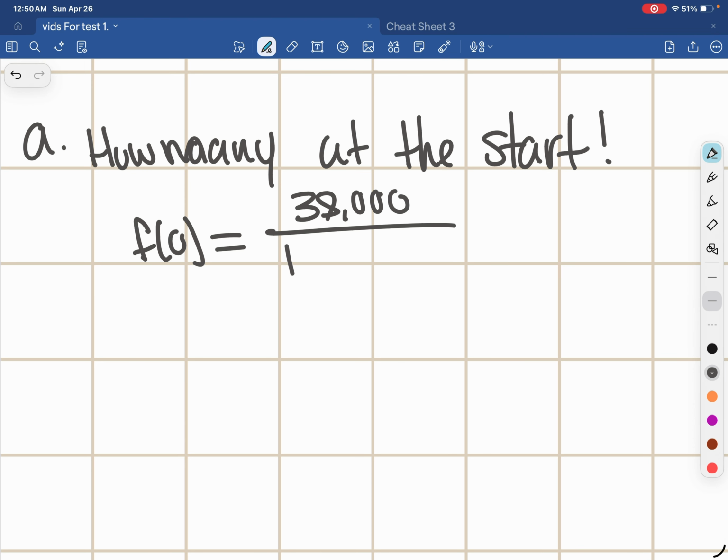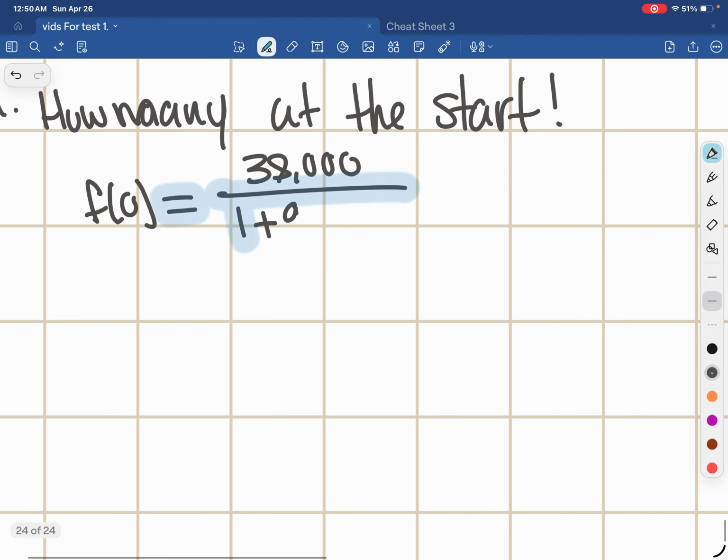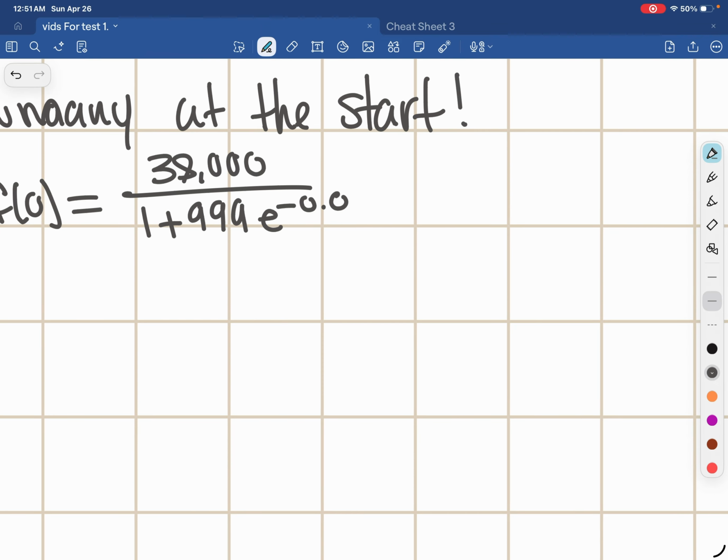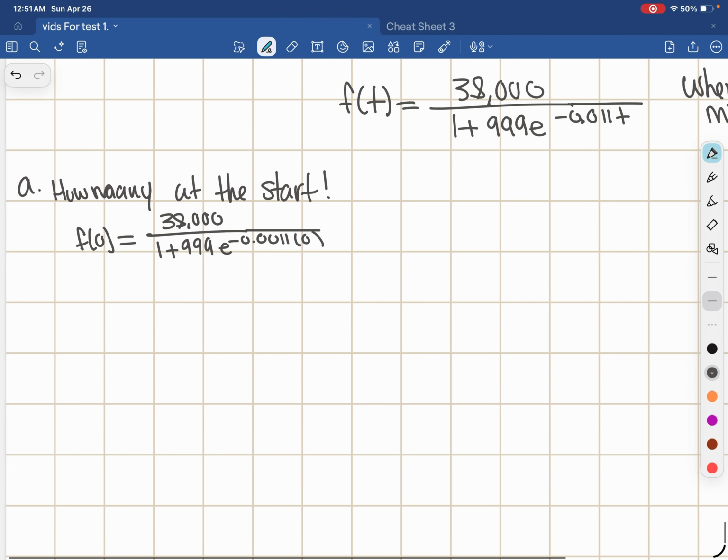38,000 over 1 plus 999 E raised to the negative 0.0011 times 0. Then we have to simplify this.